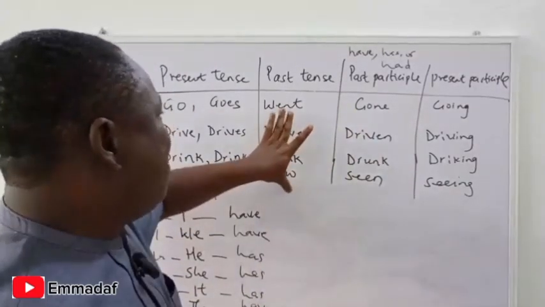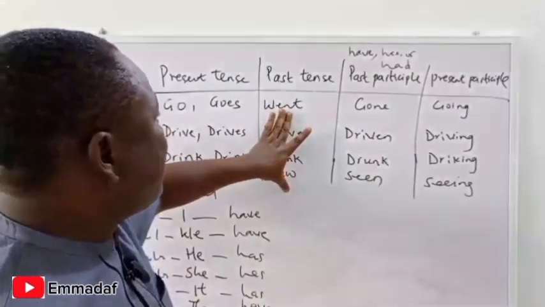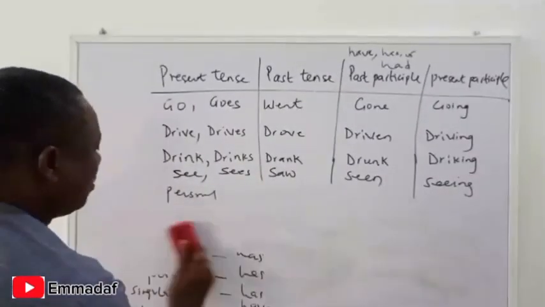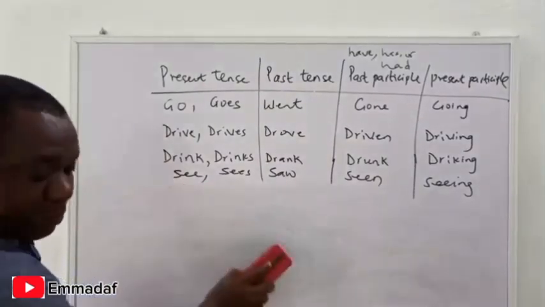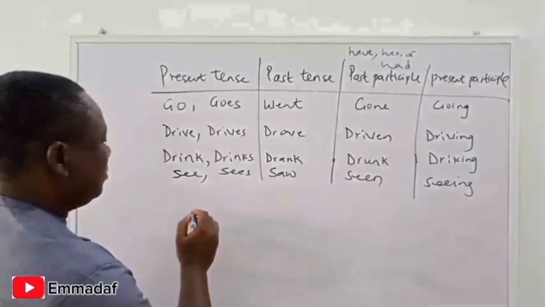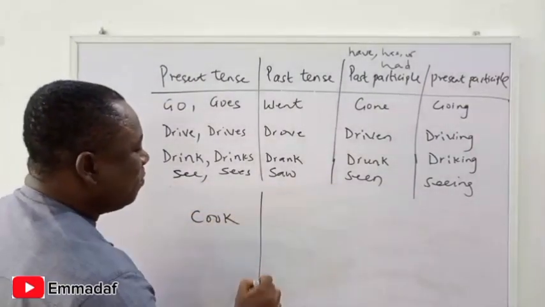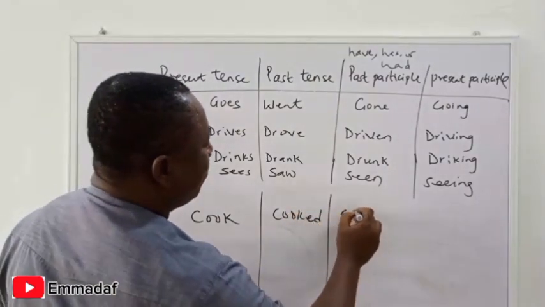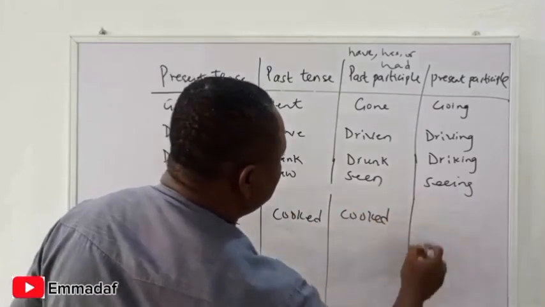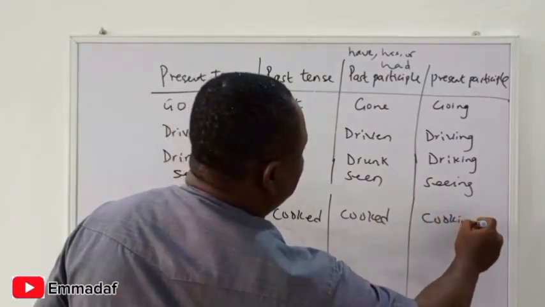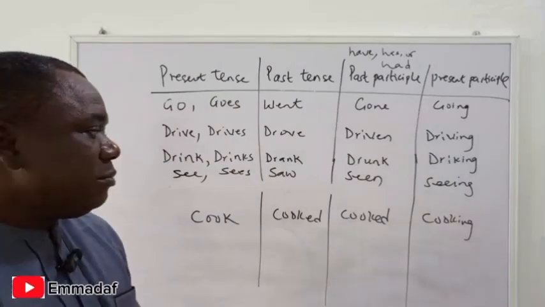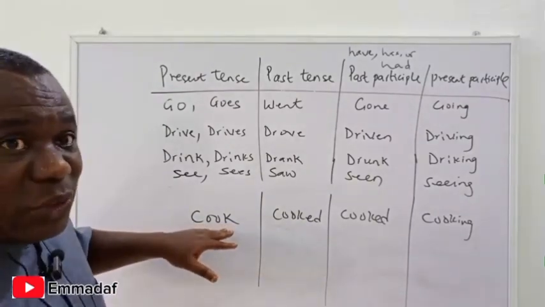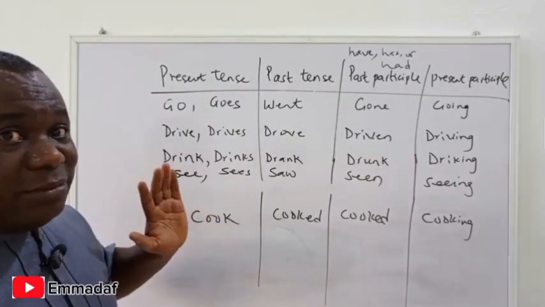Verbs that form their past tense and their past participle by adding ed, for example, cook, cooked, cooked, cooking. This particular verb is called a regular verb.